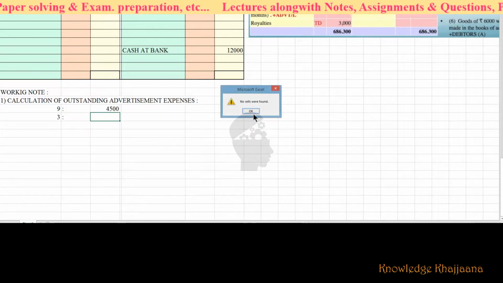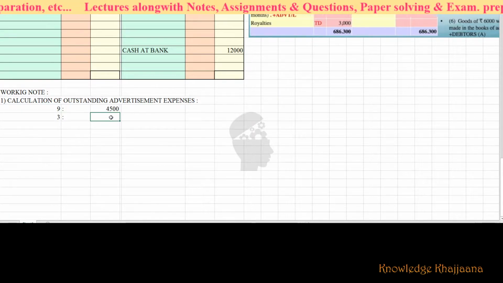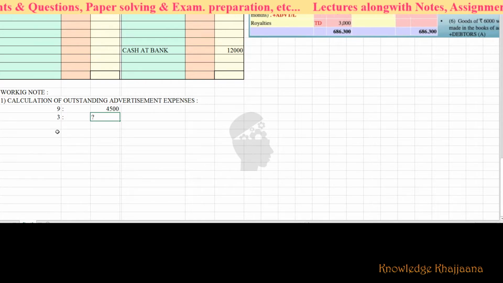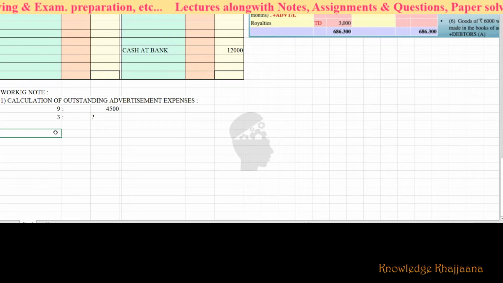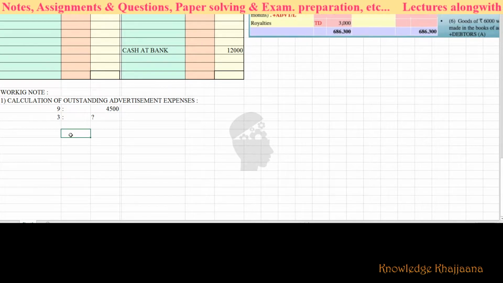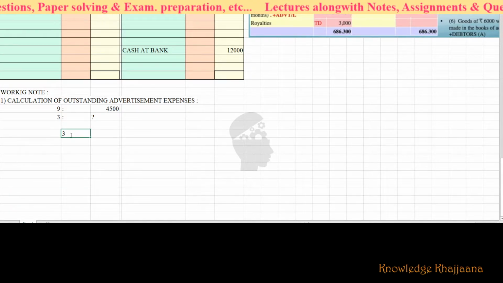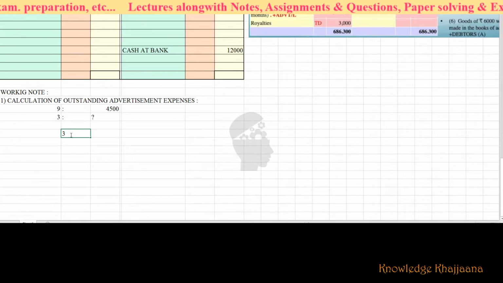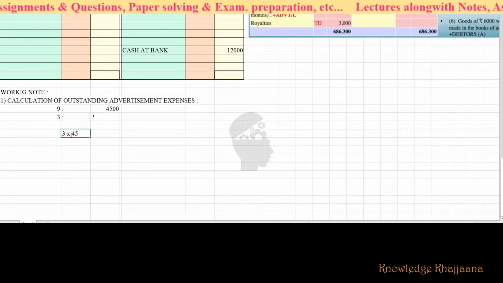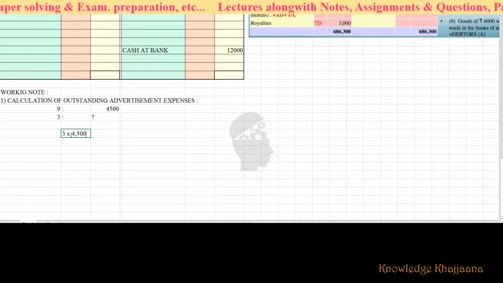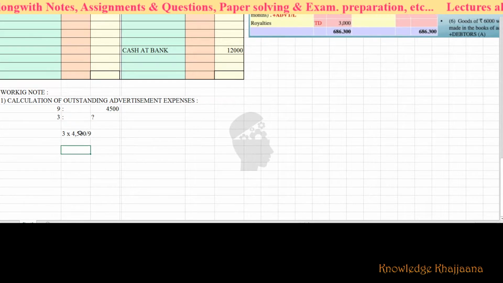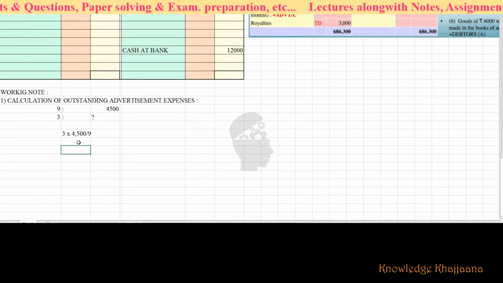Okay, how will we calculate it? We will do the cross multiplication. 3 into 4,500 divided by 9.